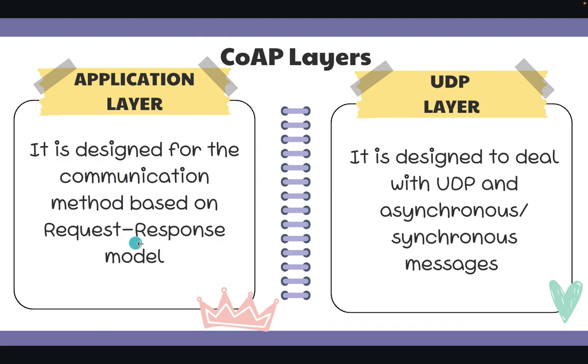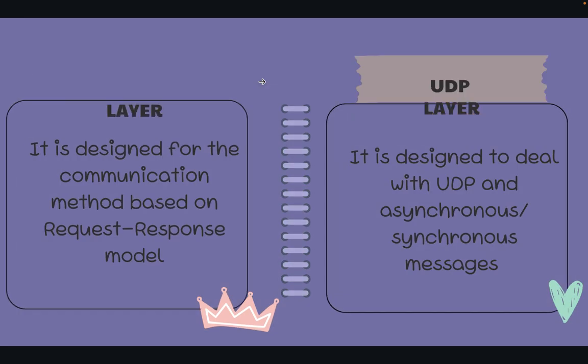The UDP layer deals with the communication of synchronous and asynchronous as well as UDP messages to the upper layer, that is the application layer. So these two layers are there in CoAP.